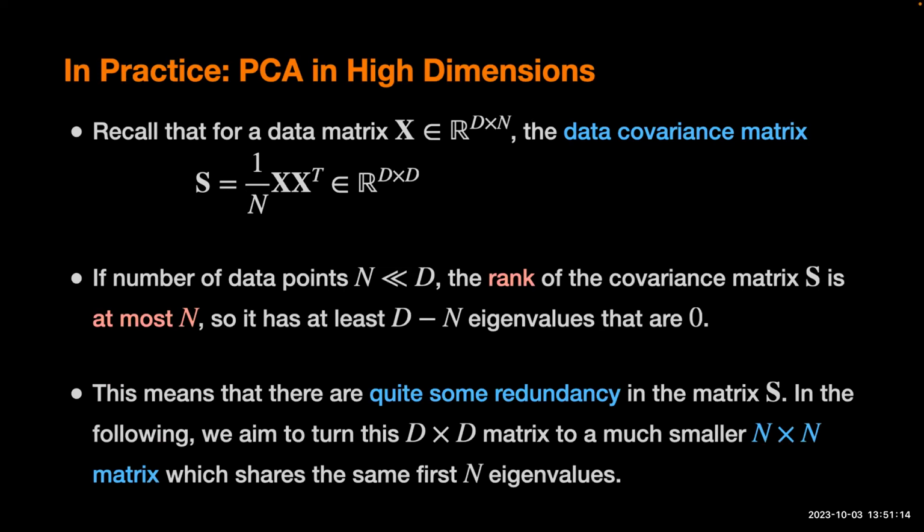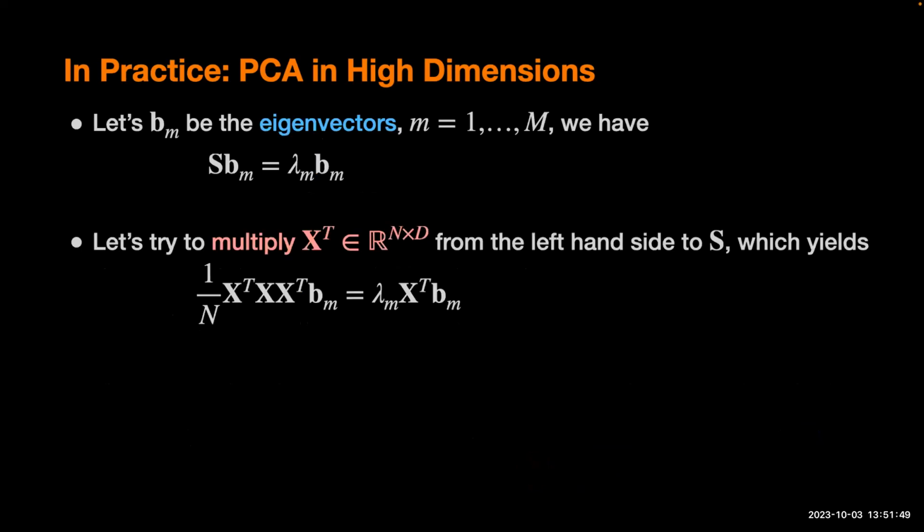But there's one problem here, because we already showed that we really want to diagonalize the S matrix, which is the D by D matrix, and the eigenvalues of this diagonalization have a physical meaning. So if I want to substitute that with another matrix, at least one thing we need to satisfy is that they have the same eigenvalues. So I can sort the eigenvalues as I would if I had done the D by D matrix and use this to make the decision. The other thing you want to make sure of is that you can transform it back to the original eigenvector.